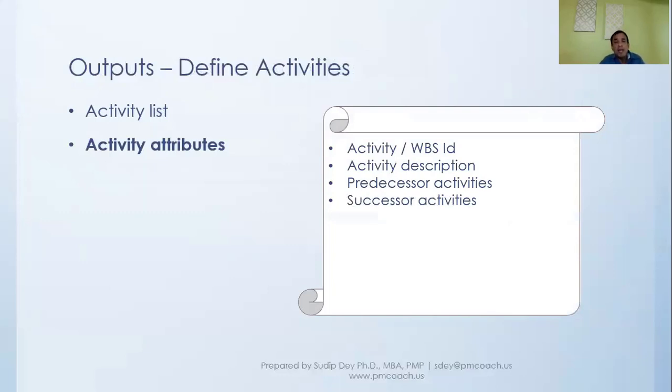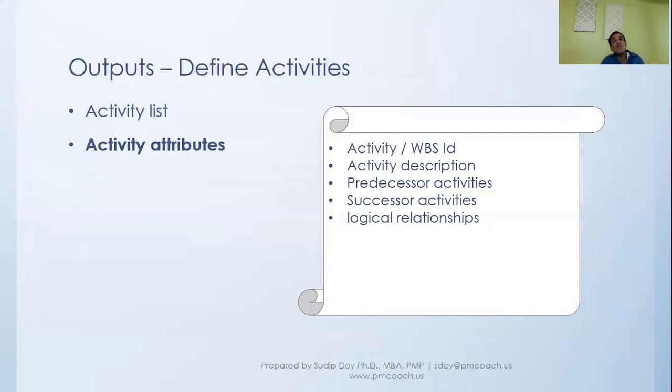In the same breath, we should also identify the successor activities. Which are the activities that depend on this particular activity? In other words, those dependent or successor activities cannot take place unless we are done with this particular activity. We also want to talk about the logical relationship.